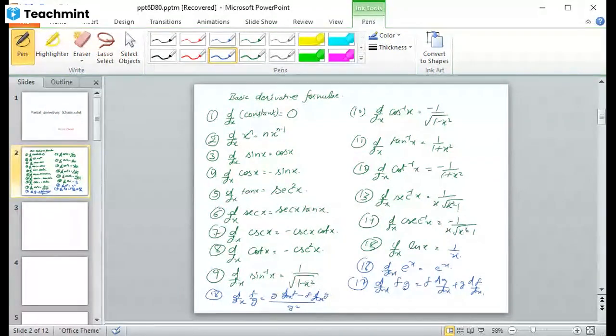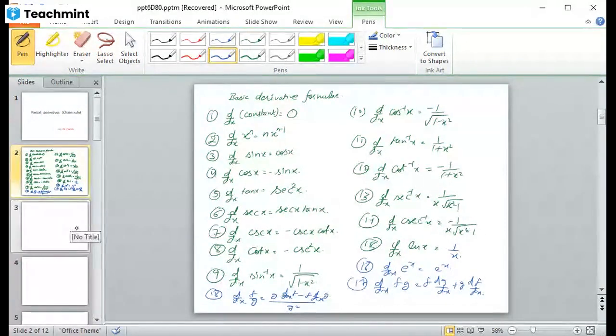Basically, this property can be considered in the form of the product rule with f into 1 upon g; we can get the same formula.